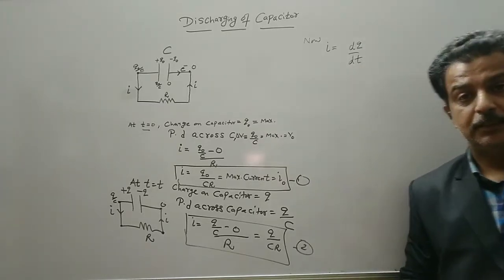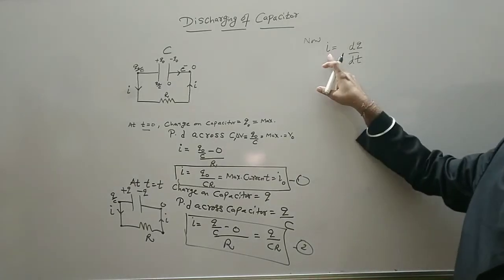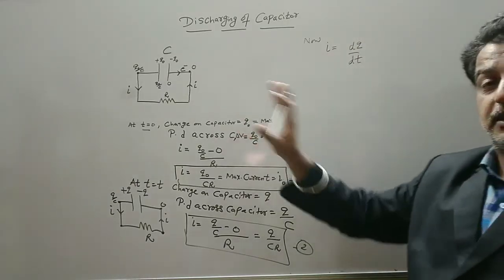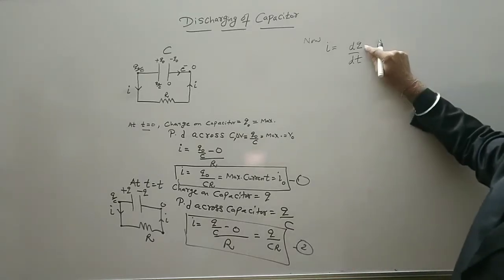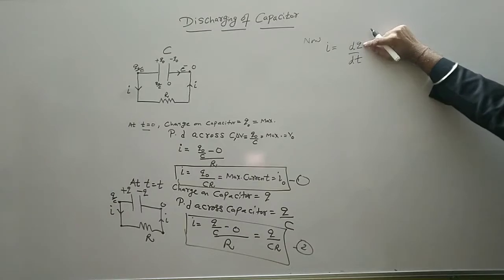But what is the change here? The current in the circuit is decreasing. The charge is decreasing. dq means the change in charge. So the change will be negative.